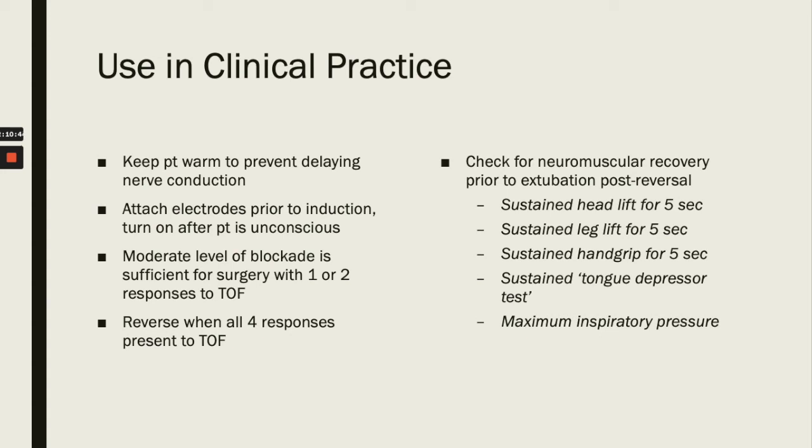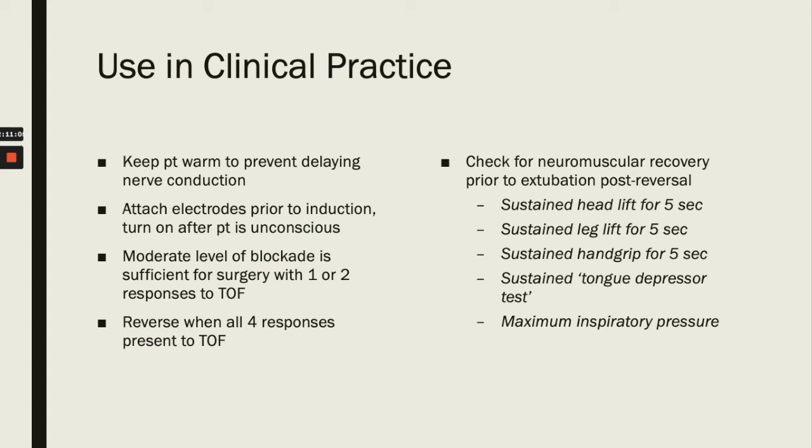Moderate levels of blockade are sufficient for surgery, with 1 to 2 responses for train of 4. So if you've got 1 to 2 of your 4 twitches, that's usually enough for the surgeon to do his work.